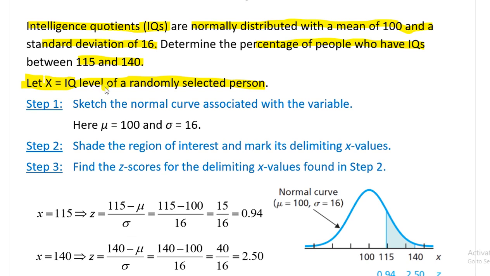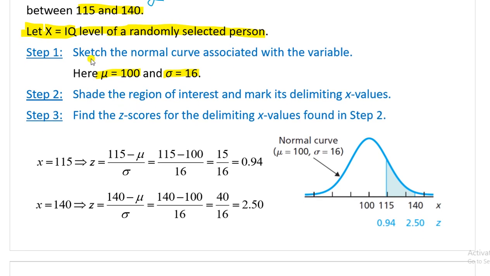Now you see the mean is given. This is your mean, so this is your mu, and this is your sigma, right? So mu is 100 and sigma is 16. These two things are given to you. Now we said to sketch the normal curve and shade the region of interest.